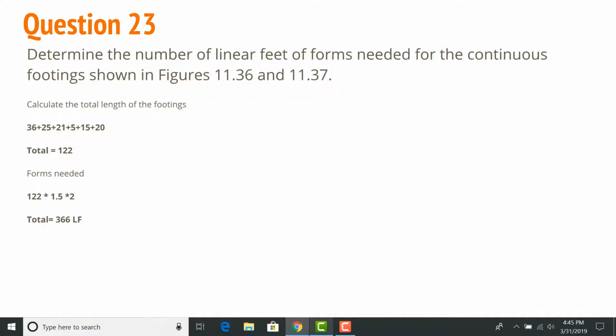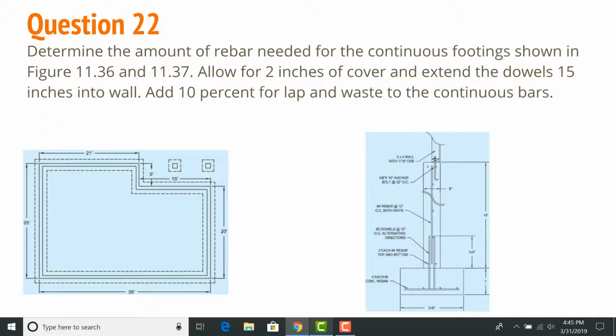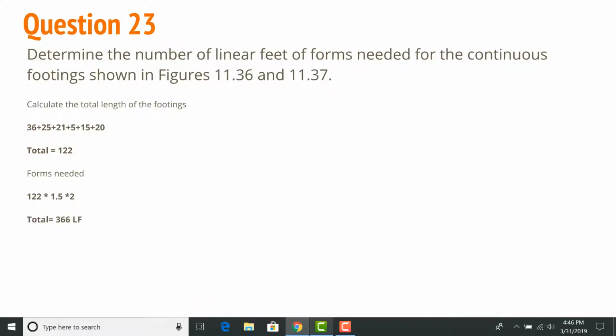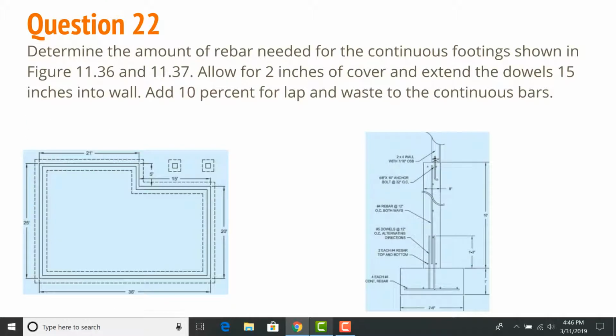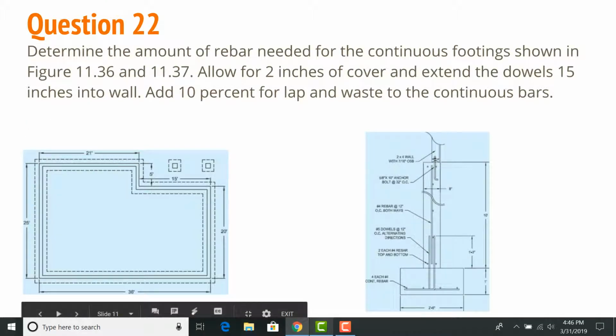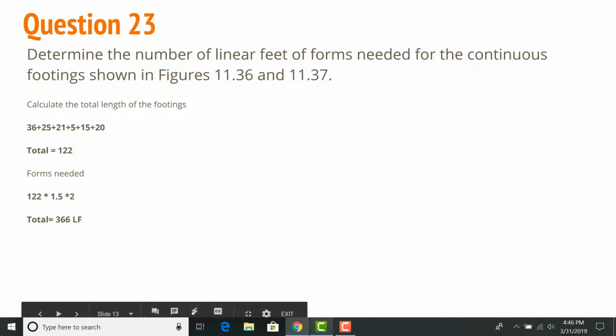I added up all the sides for the perimeter, and the total was 122, which we determined in our previous problem as well, but I just showed you this way, adding all the sides together gets you that same 122 feet.